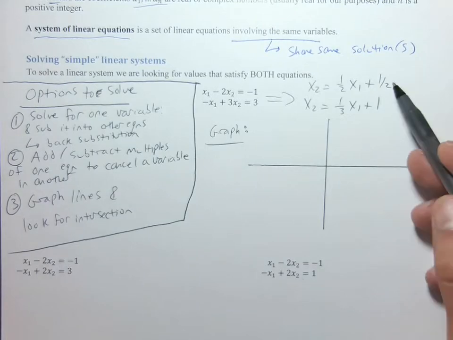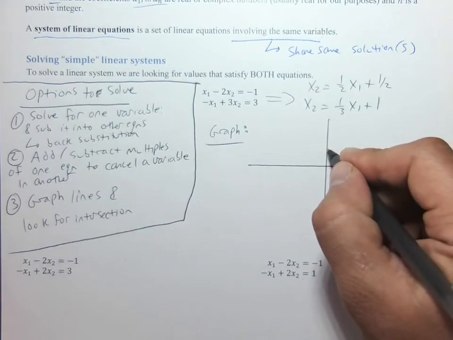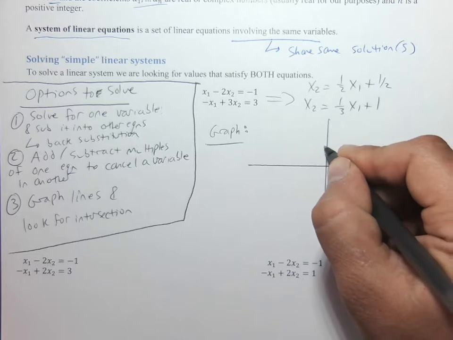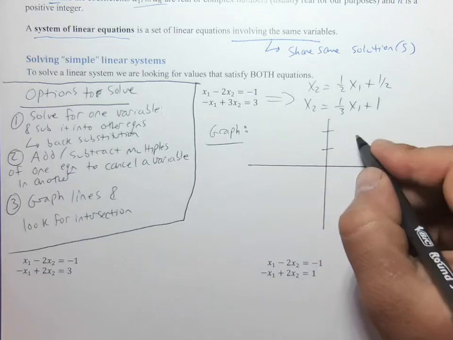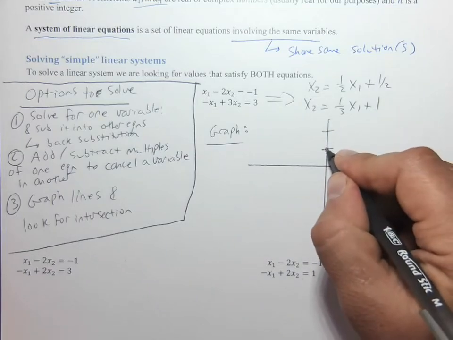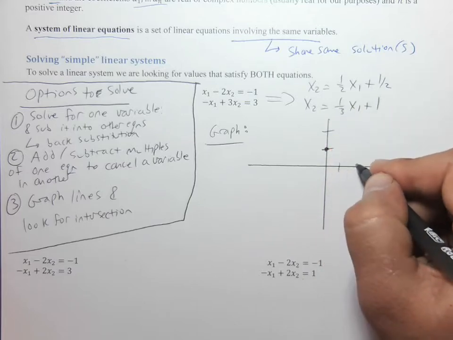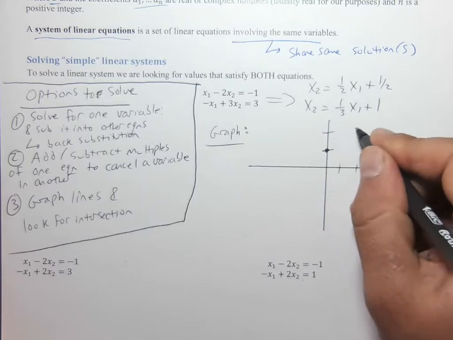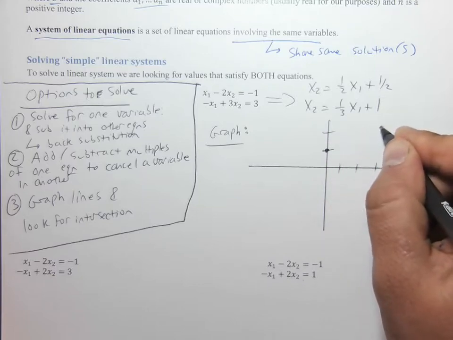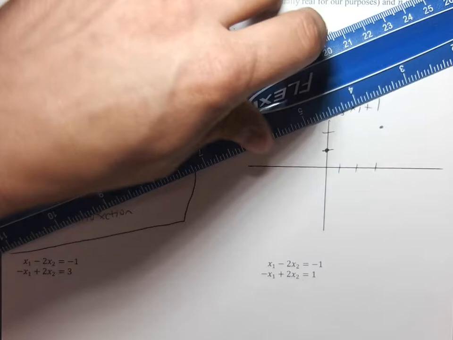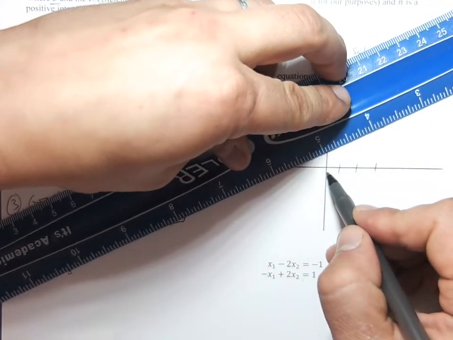And as I mentioned, these are the y-intercepts, right? So let's see. I'll do the second one first. The second one has a y-intercept of 1 and a slope of 1/3. So up 1 over 3 would put us right here. And so the second line looks like this.